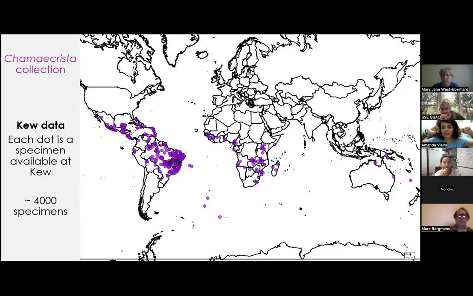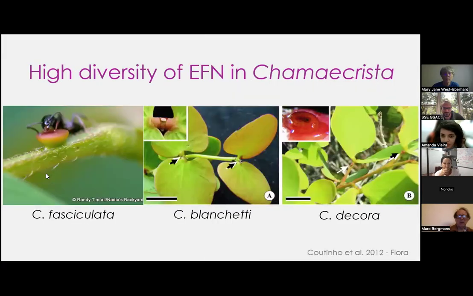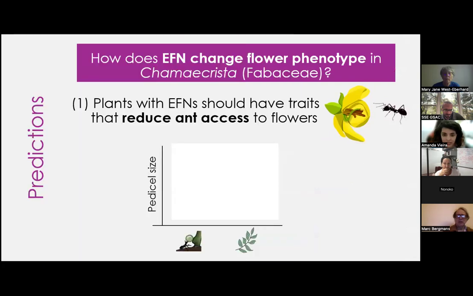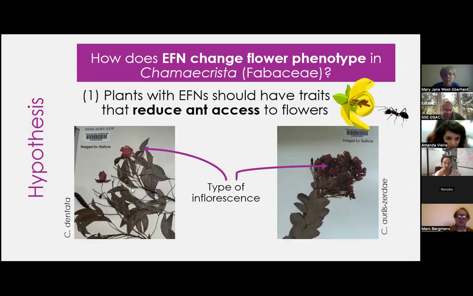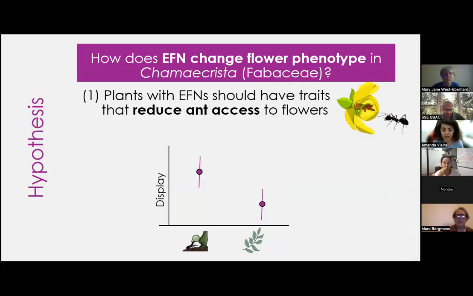But yes, some plants have, here we have a huge pedicel, and these are smaller. I should have put more pictures here. I'm sorry. But yes, there is a variation.